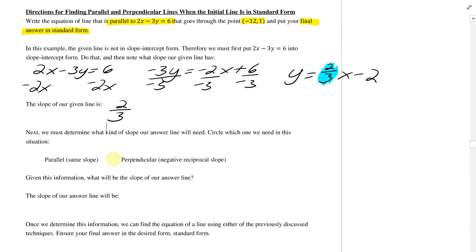This is where you have to go back and reread the problem. Parallel line, that's what we wanted to find. So I need to use the same slope. So given this information, what will be the slope of our answer line? The slope of our answer line needs to have m equals 2/3. I had 2/3 as the slope, and that's what I have to use because it's a parallel line.